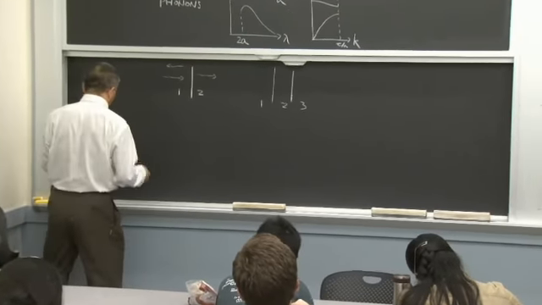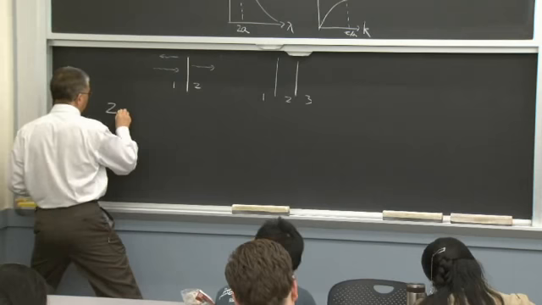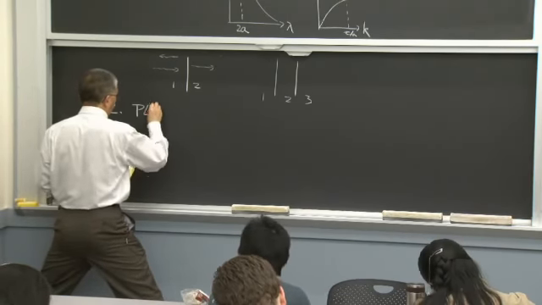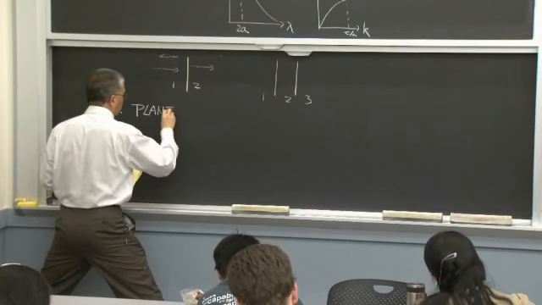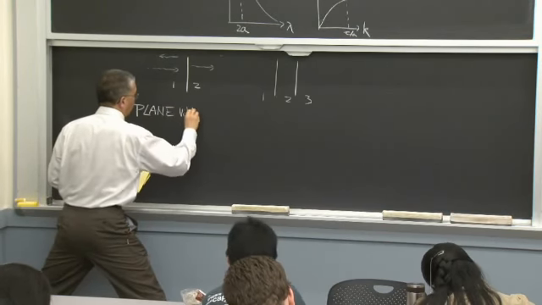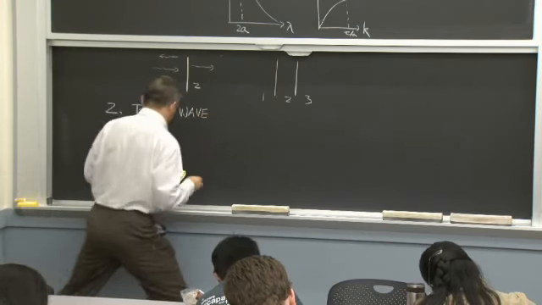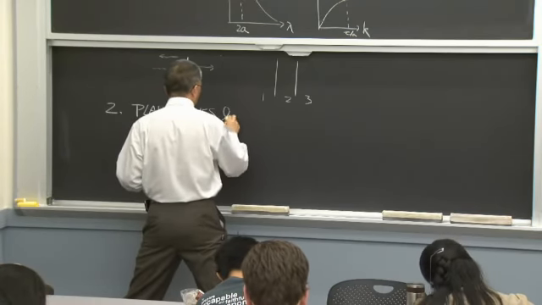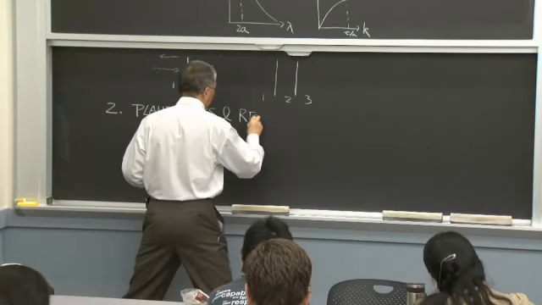So let's start with a plane wave at one interface, the simplest plane wave, and the reflection at the interface.